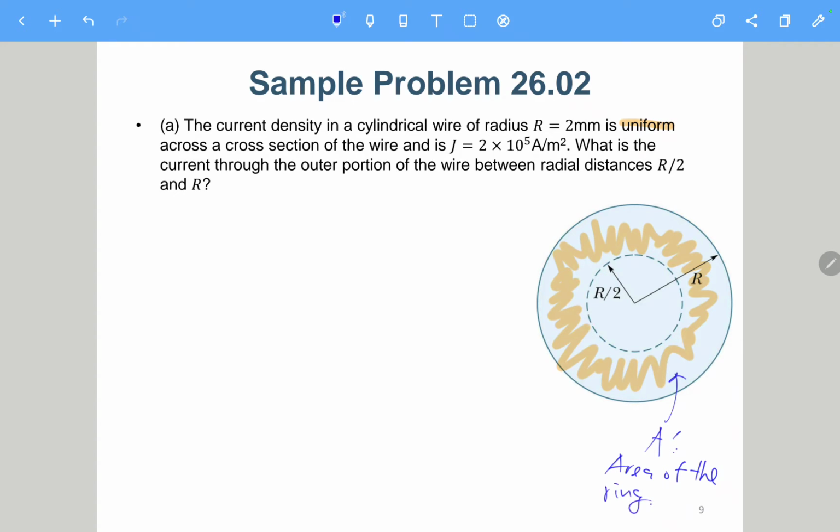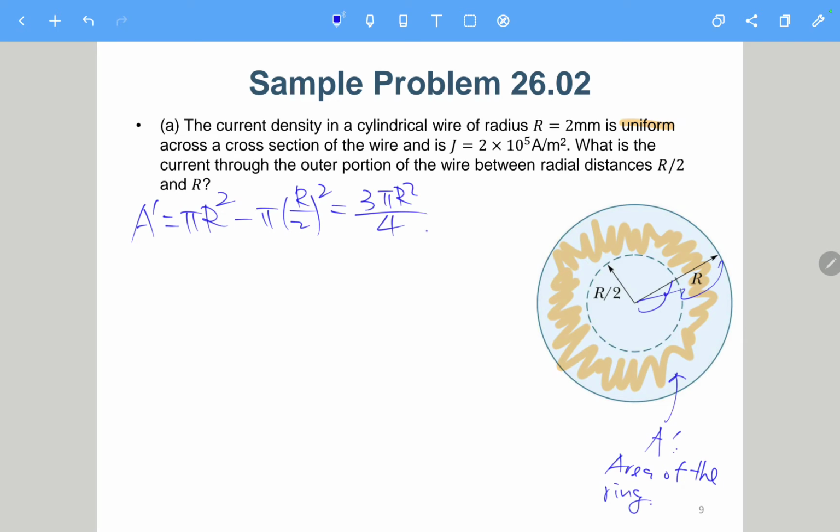The whole area is pi R squared, and the inner part is another circle, so we just need to subtract that out, so it is minus pi times (R/2) squared. So this is nothing but 3 pi R squared over 4.